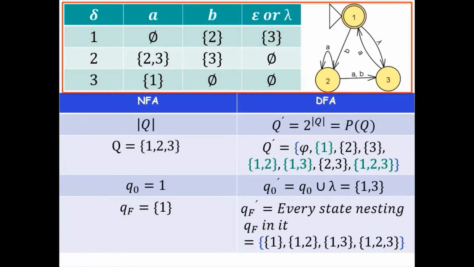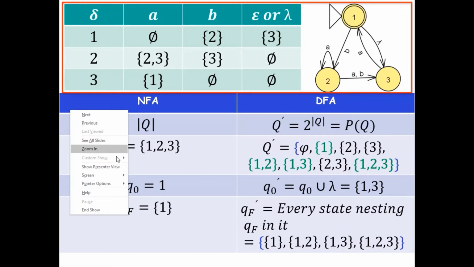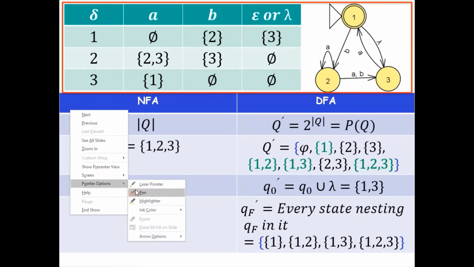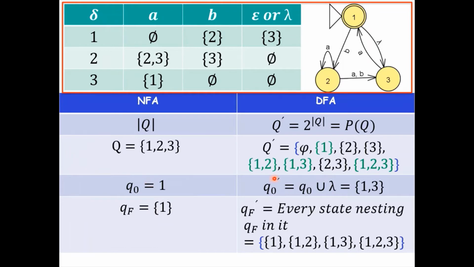The next step is to find the initial state of the DFA we are constructing to prove the equivalence of NFA and DFA. I have highlighted the initial state of the DFA as Q0 dash, and the initial state of the NFA was given as Q0.